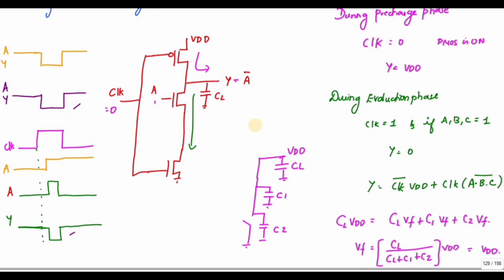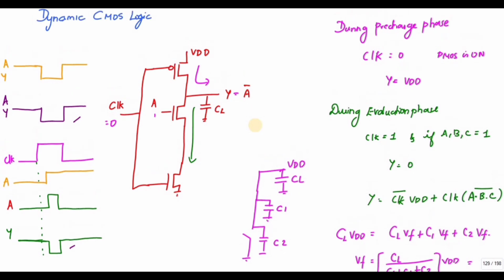So these are the problems in dynamic CMOS logic. This can be avoided by making only one transition in A.